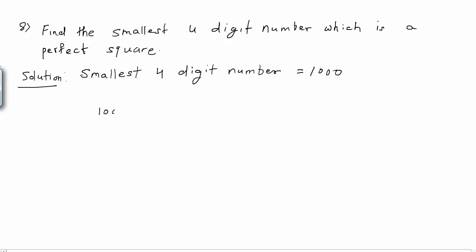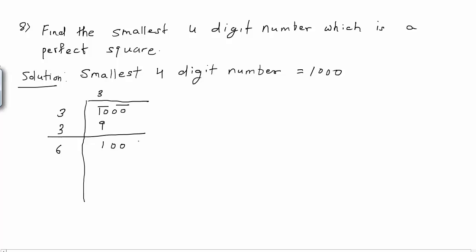and find the square root. I will make pairs. 3 3 are 9. 1 is remaining. I will add 3. 3 plus 3 is 6.